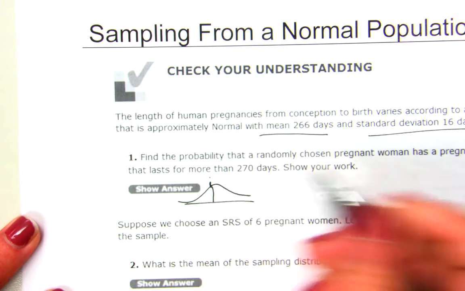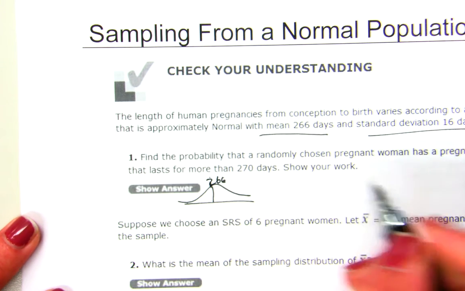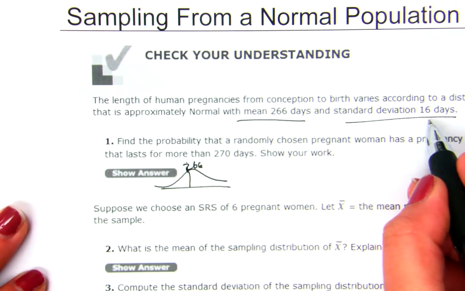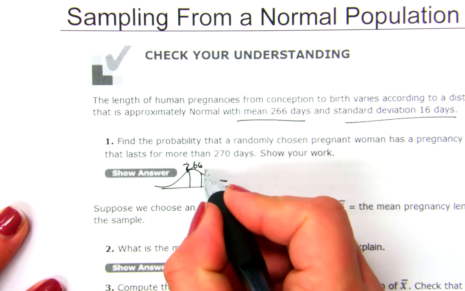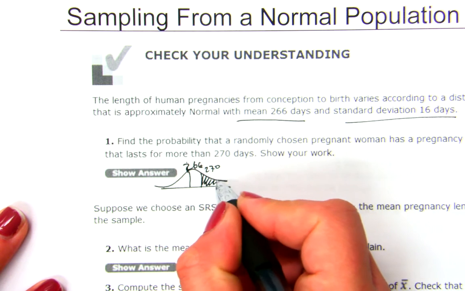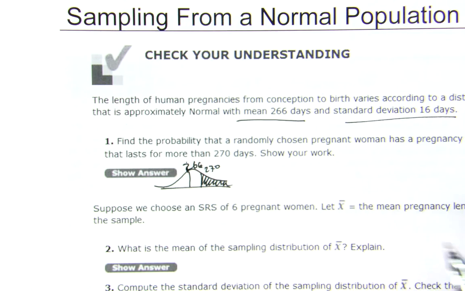So there's your distribution. You have 266 days. Standard deviation is 16 days. You want to find out that the pregnancy lasts more than 270 days. You should be able to handle doing this on your own by now.